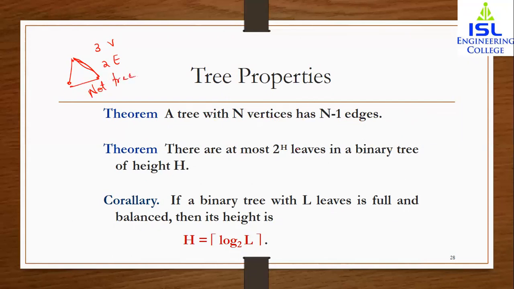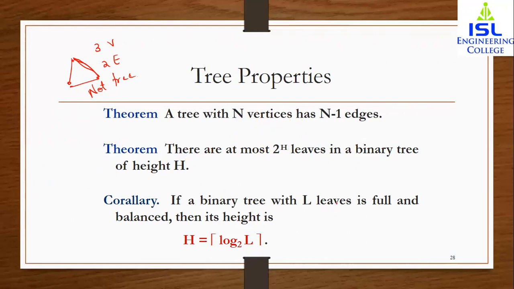Now, there are at most 2 power h leaves in a binary tree of height h. So, if the height of the tree is h, then there are at most 2 power h leaves. What do you mean by leaves? The nodes which do not have any children are known as leaves.